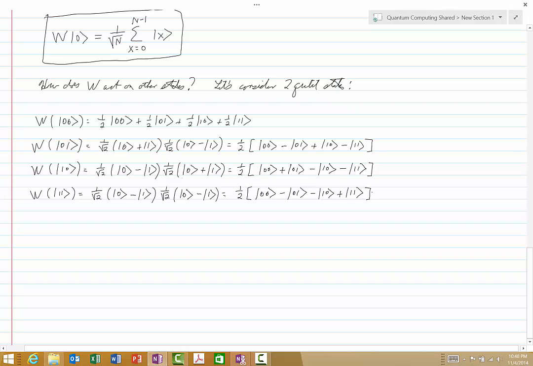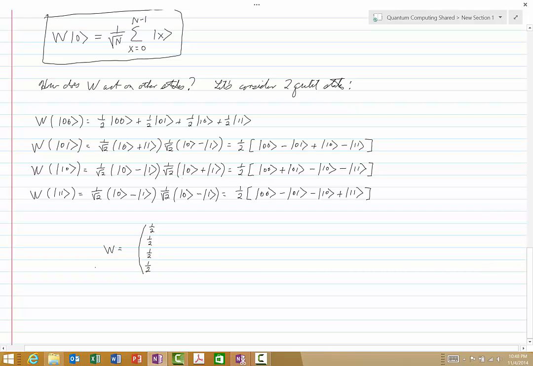So when we put this all together, we see that the matrix for the Walsh transformation in the 2 qubit situation will be 1/2, 1/2, 1/2, 1/2.